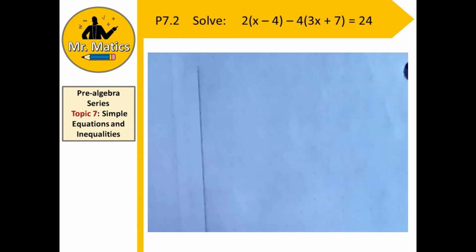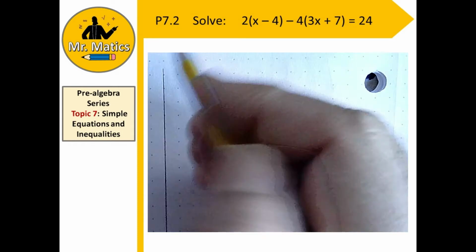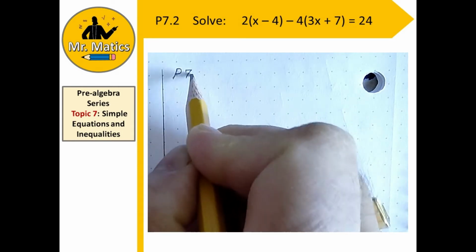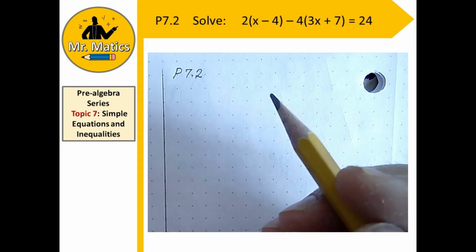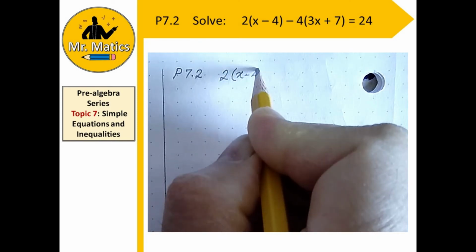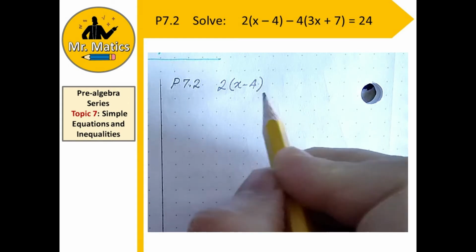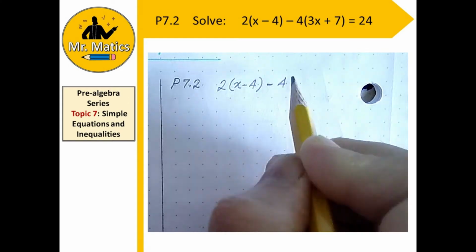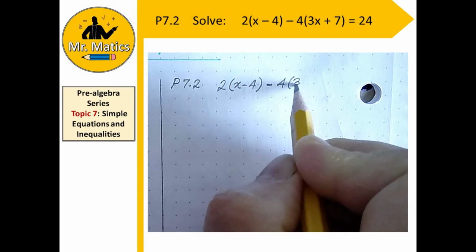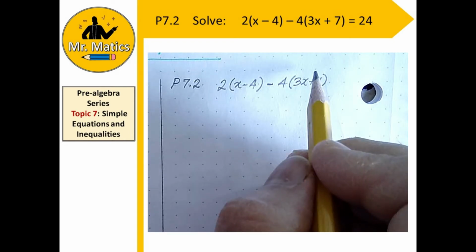So we solve for x in the next equation. Two times x minus 4, minus 4 times 3x plus 7 equals 24.